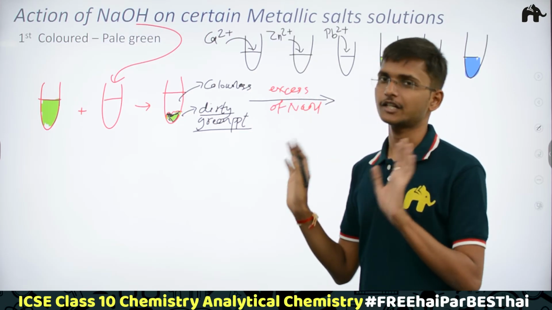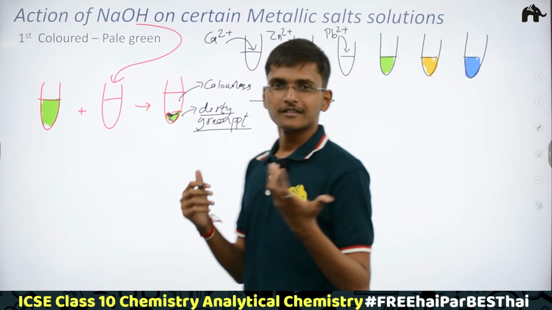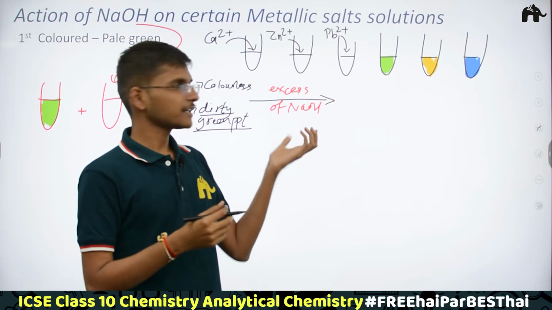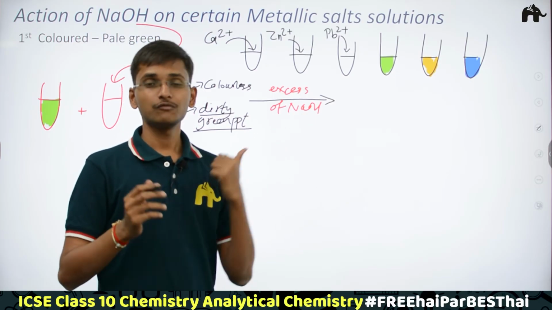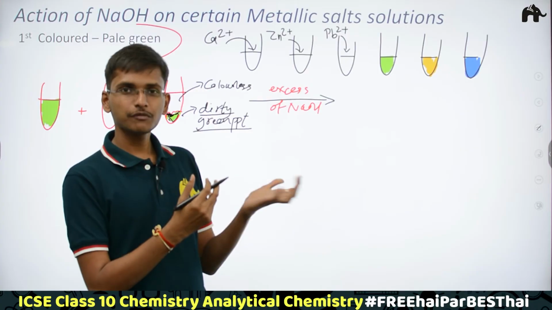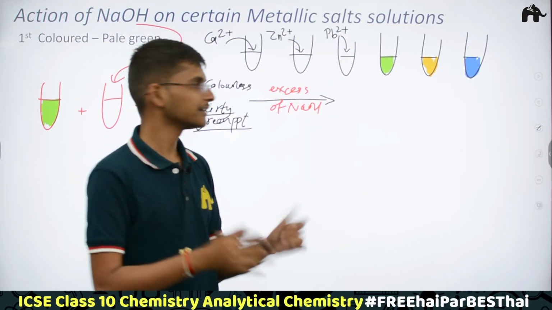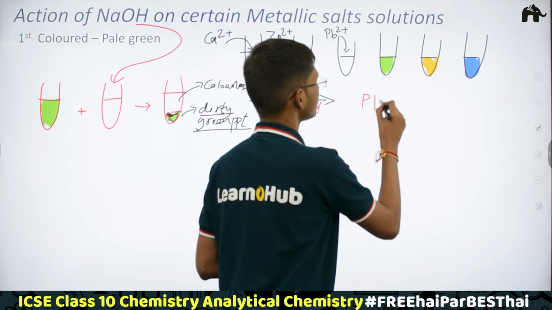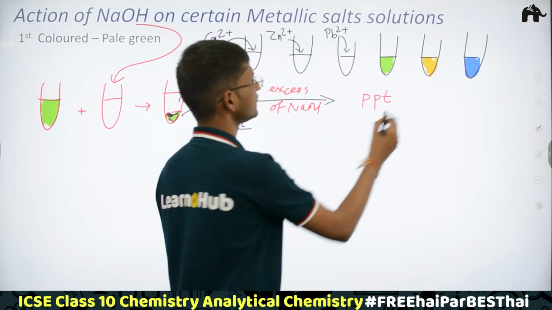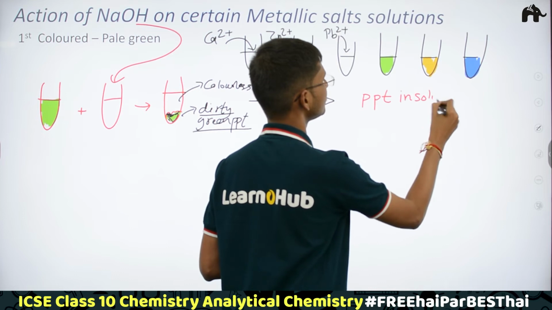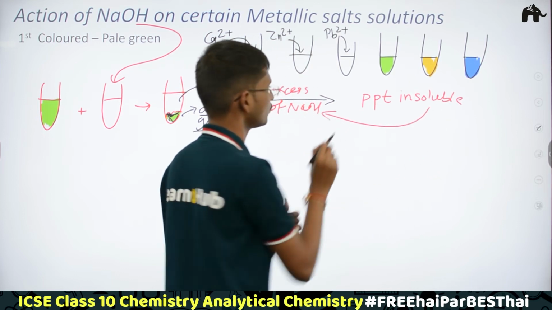No magic at all. We can now take a sigh, because one more reaction that we would have had to study has reduced. The dirty green precipitate is insoluble in excess of NaOH.